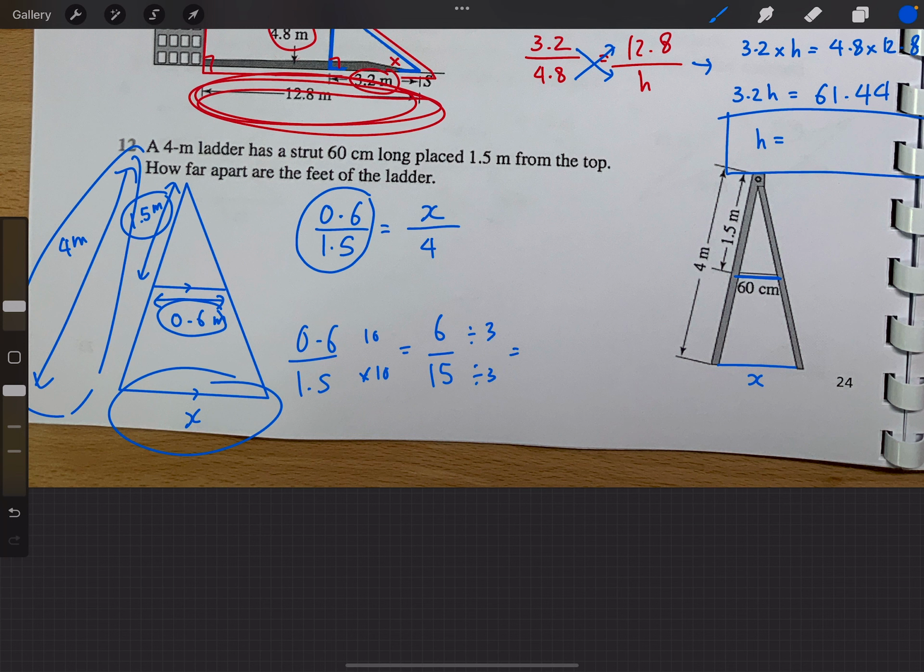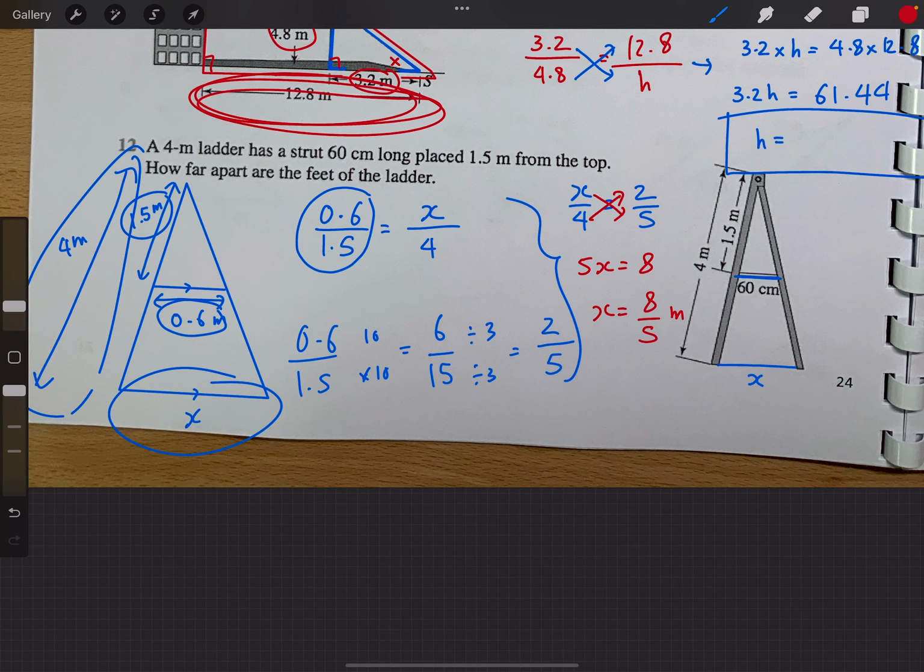Simplify that, and you're going to get 2 over 5. So let's use that instead of 0.6 over 1.5. So X over 4 is equal to 2 over 5. Now we just cross multiply. 5 times X is equal to 2 times 4, which is 8. X is equal to 8 over 5. And that will be in meters.